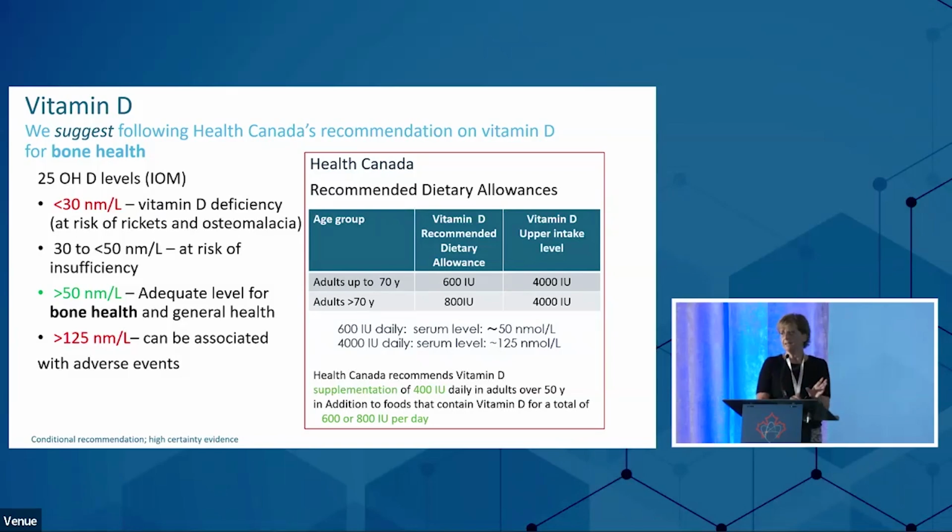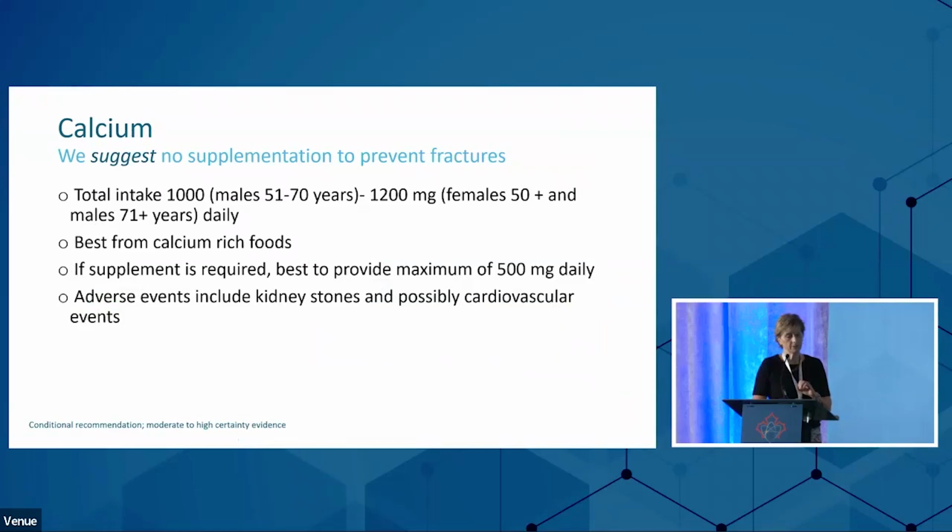So vitamin D and calcium do not prevent fractures in people who are vitamin D replete. They are just there to maintain bone health and to avoid a low level of 30 that would put the patient at risk of either osteomalacia or rickets if they're young. So we aim for a level of 50 and above, and that 600 or 800, depending on the age group, will provide you enough vitamin D to do that.